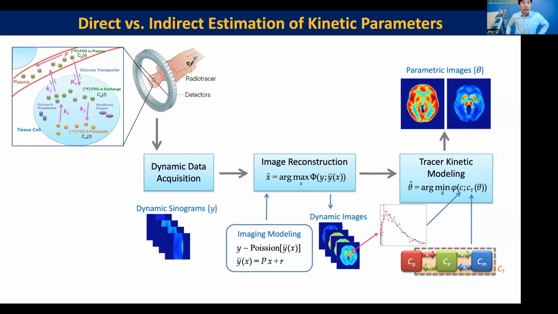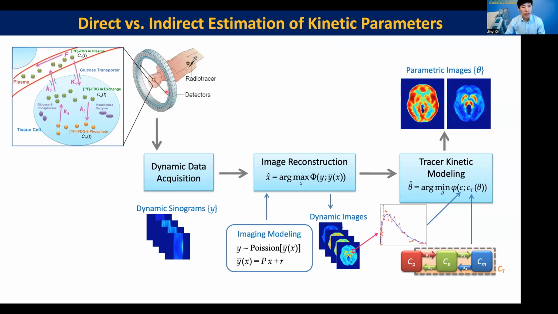First, let me give a quick overview of dynamic PET. After administration of a radioactive tracer, the tracer is delivered by the blood, and at any tissue site there is exchange and metabolism of the tracer. This kinetic process gives the time change of the activity distribution at every voxel.